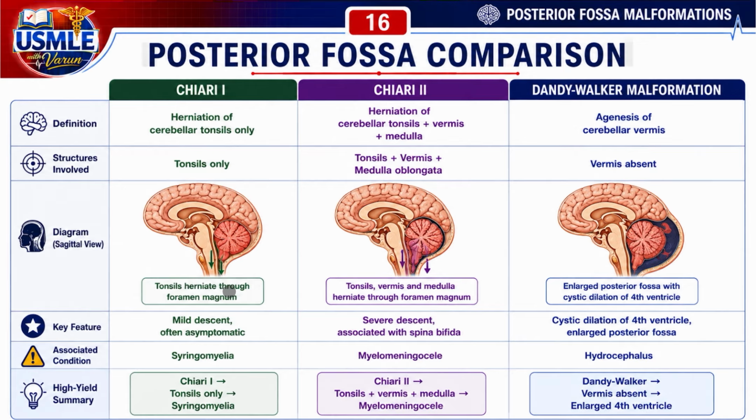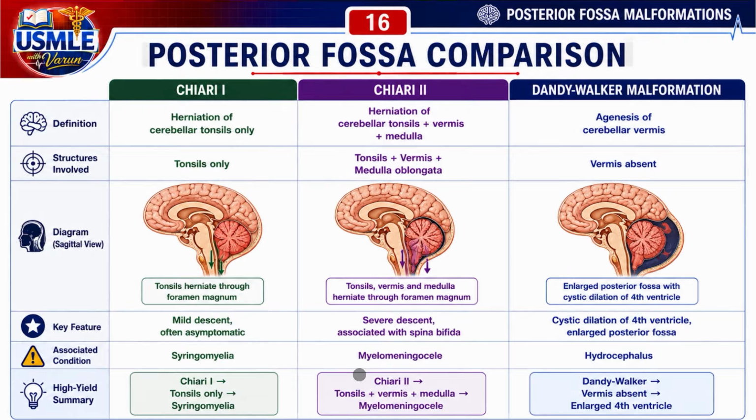Tonsils herniate through the foramen magnum in Chiari 1. Tonsils, vermis, and medulla herniate through the foramen magnum in Chiari 2. And in Dandy-Walker malformation, there is an enlarged posterior fossa with cystic dilation of the fourth ventricle. Chiari 1 is associated with mild descent. It is often asymptomatic and is associated with syringomyelia, where there's a cyst within the spinal cord.